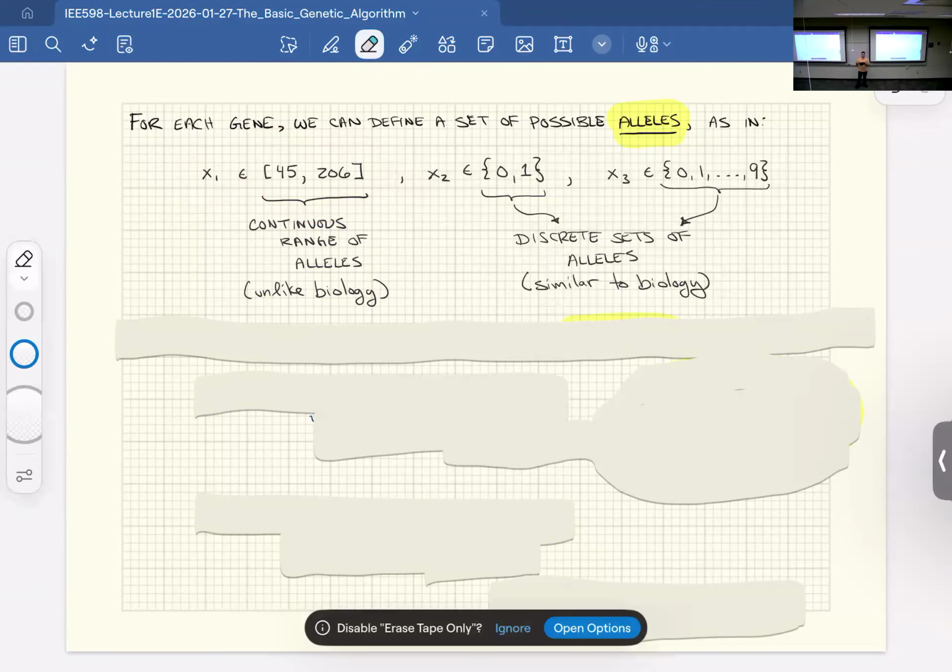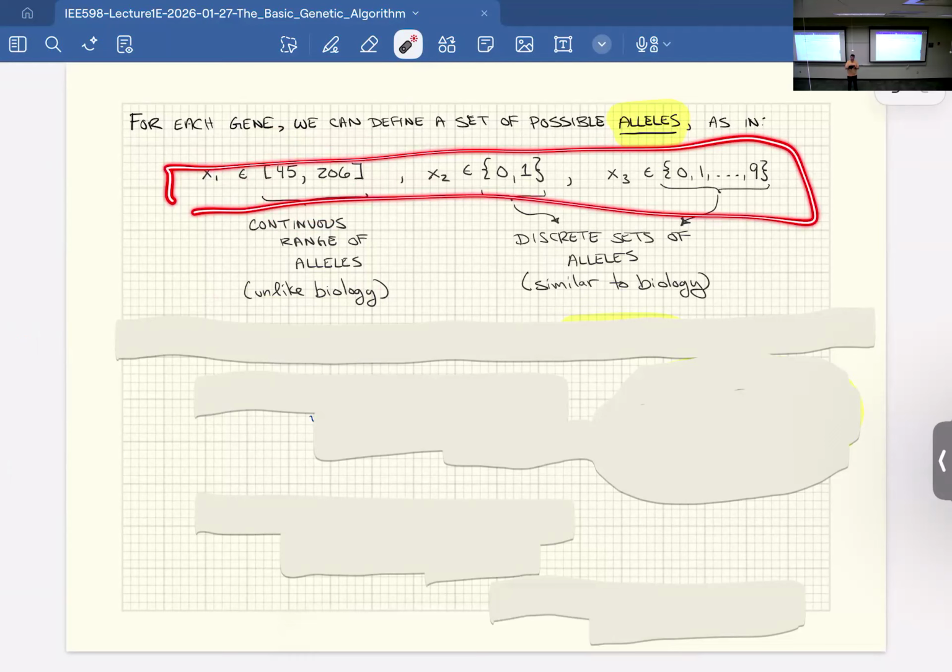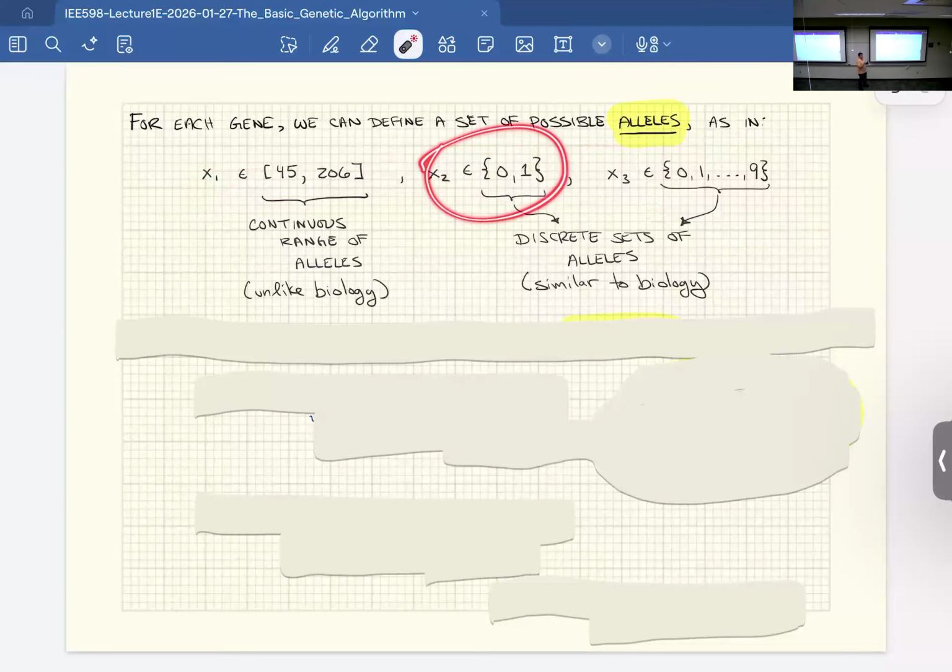Alternatively, we could have discrete sets. These all could be within the same chromosome: X1 is continuous, X2 is discrete and binary, and X3 might have 10 values. So these are all our sets of alleles, and these are all the genes that are the locations where those alleles are found.